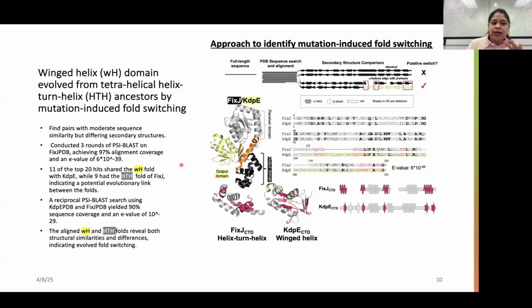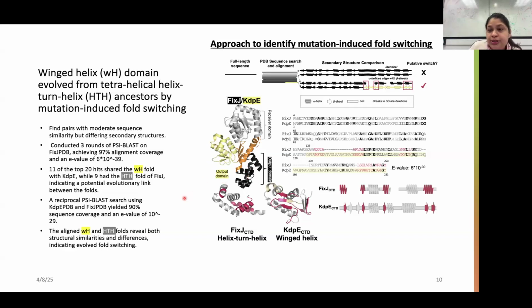And what we saw was that 11 of the top 20 hits shared the winged helix fold, which shared its topology with the KDPE subfamily, while 9 had the fold of FixJ. So that tells us this alignment contains both these two different domains.